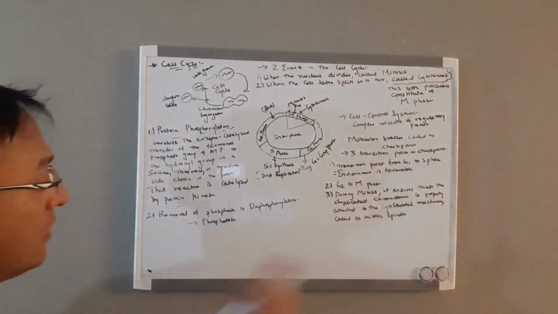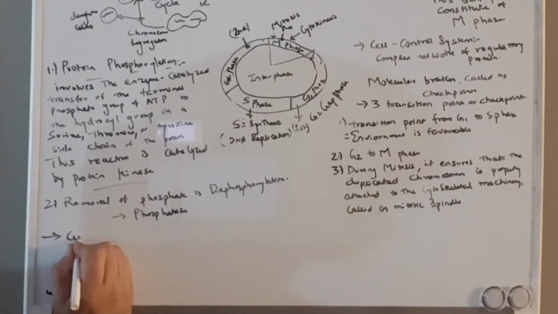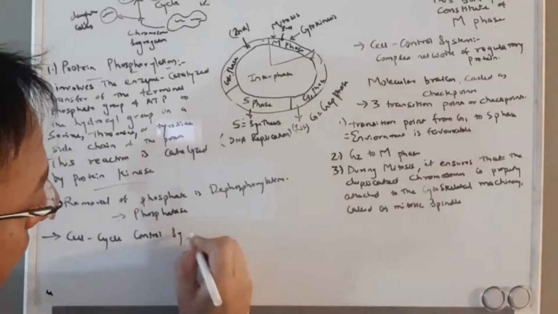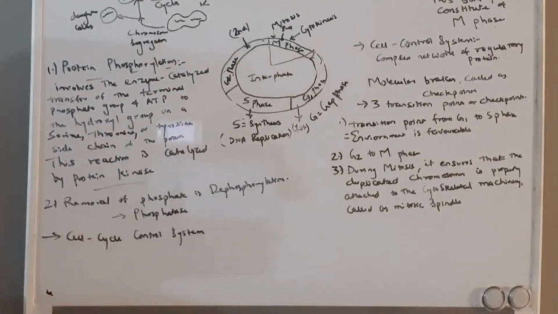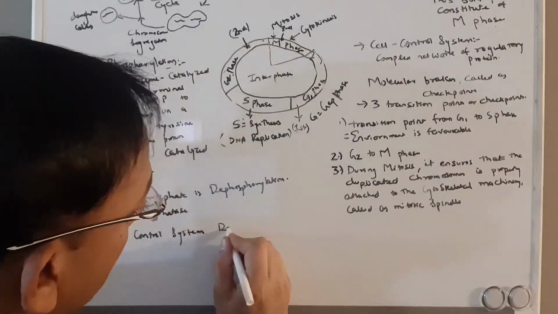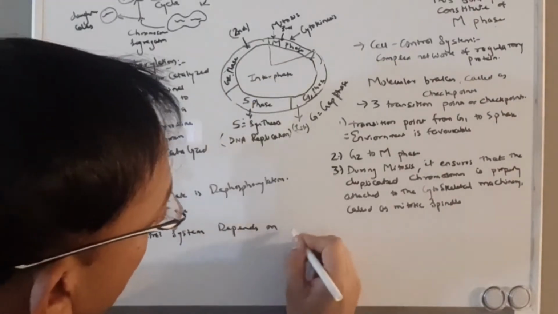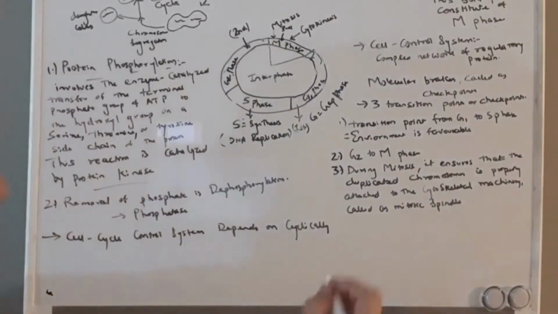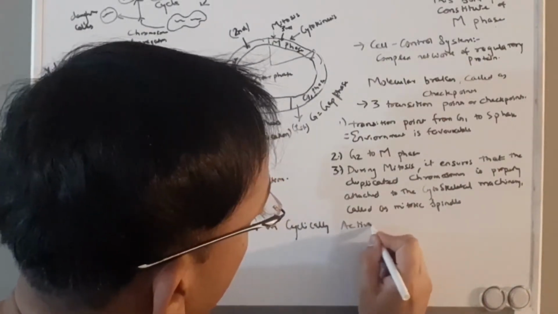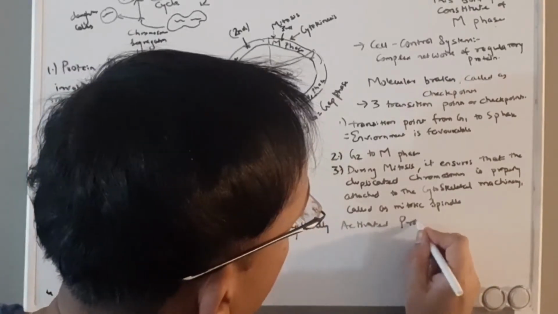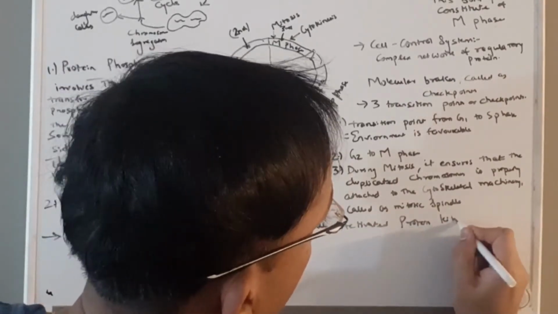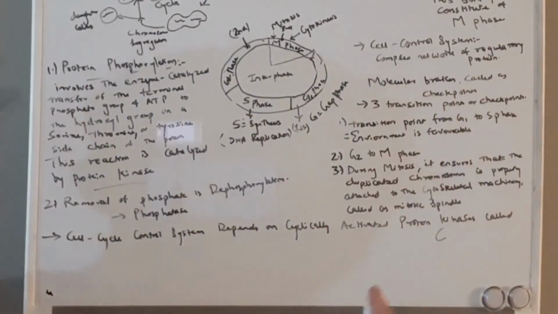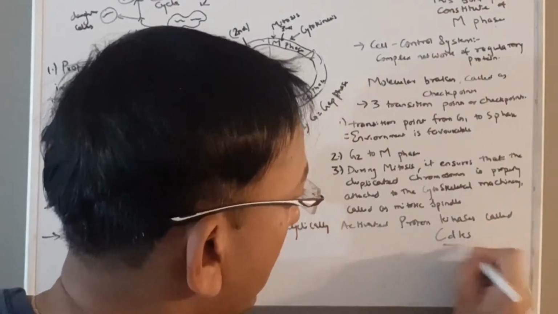So the cell cycle control system depends on activated protein kinases, and they are called Cdks.